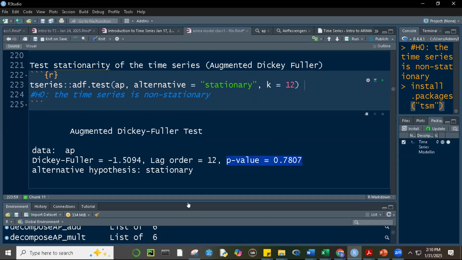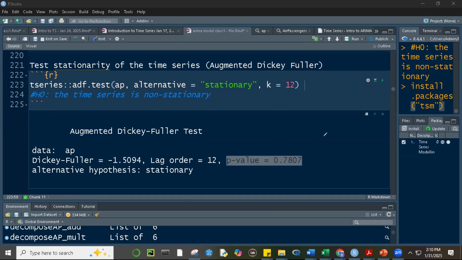Is the time series stationary or not? Now the p-value is 0.78. So it's very much higher than 0.05. Therefore, we fail to reject the null hypothesis that the time series is not stationary.